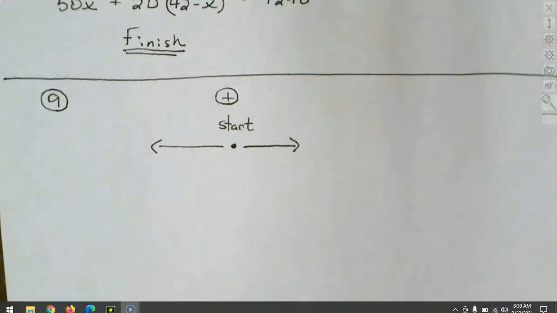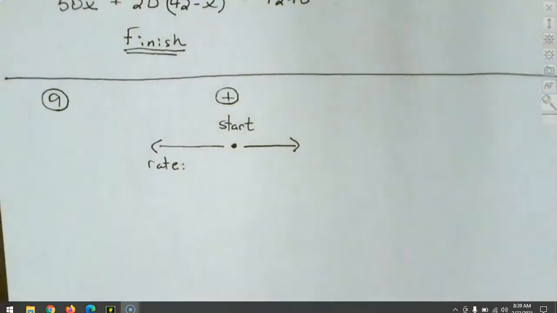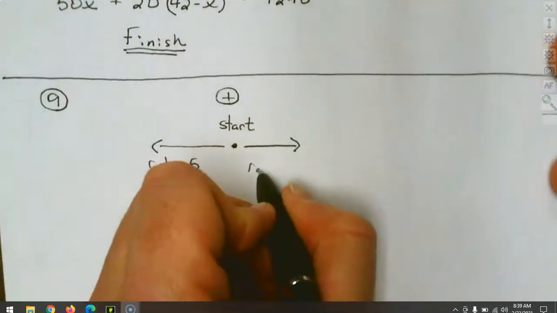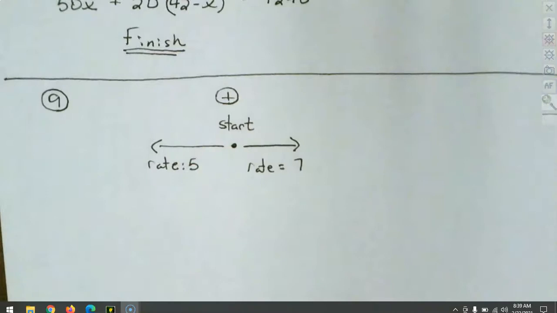Now, what do we know about our rates of speed? Well, our rates of speed, we've got 5 miles per hour and 7. So the first one is going to have a rate of 5. The second one has a rate of 7. What we do not know here is the times.